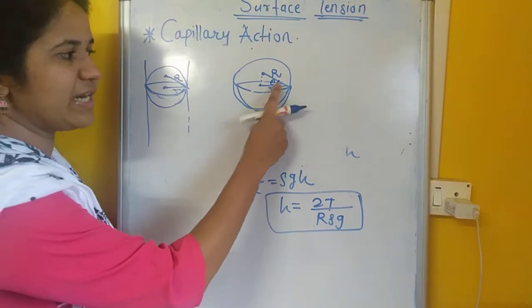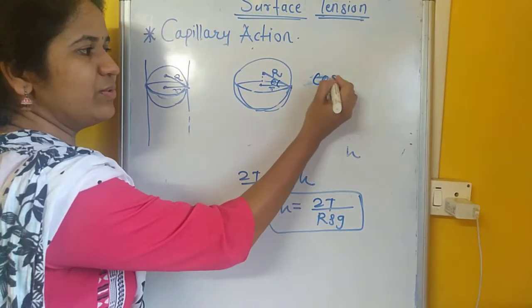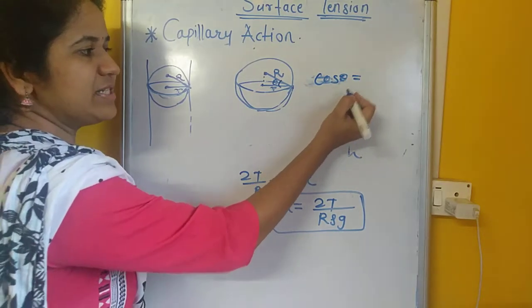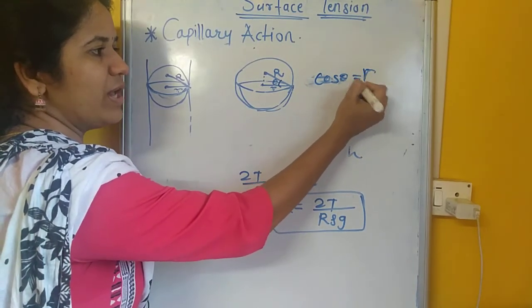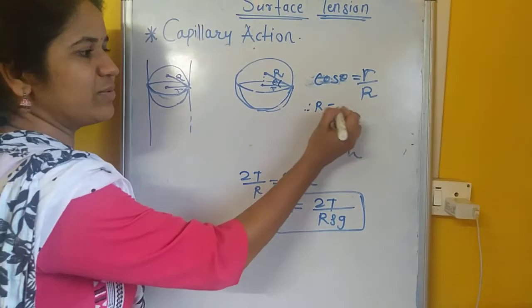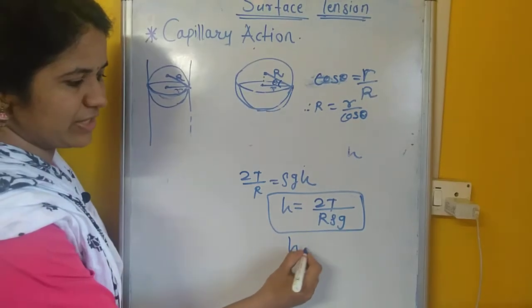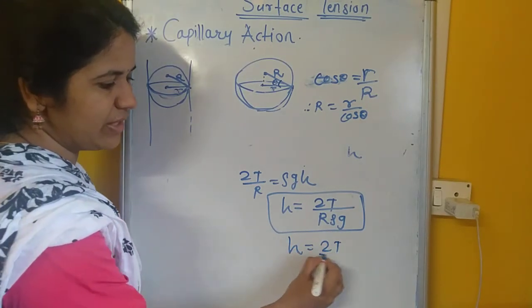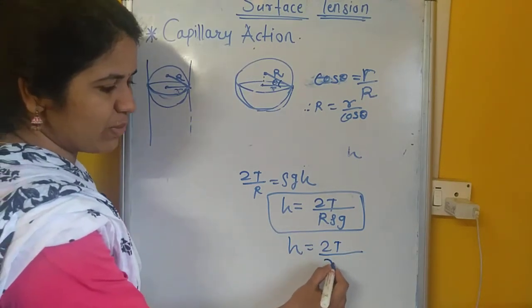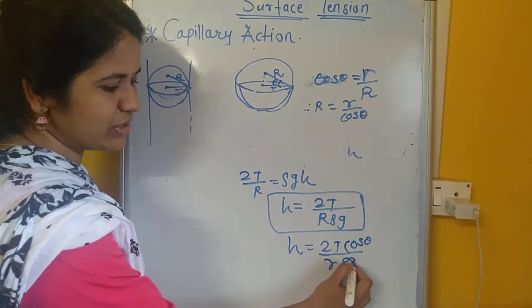So cos theta is equal to adjacent upon hypotenuse, so small r divided by capital R. Therefore R is equal to r upon cos theta. So we put this value: h becomes 2T, R is here, small r upon cos theta, it goes to the numerator, rho g h.